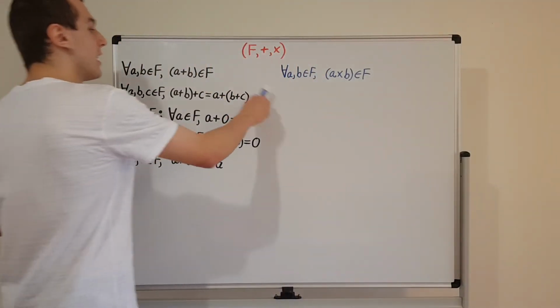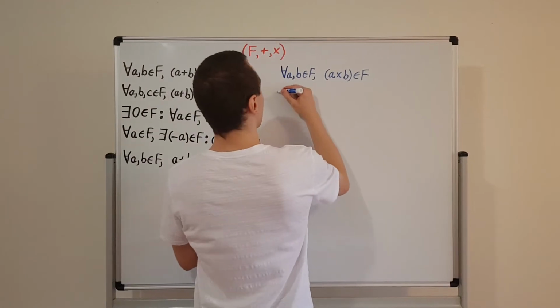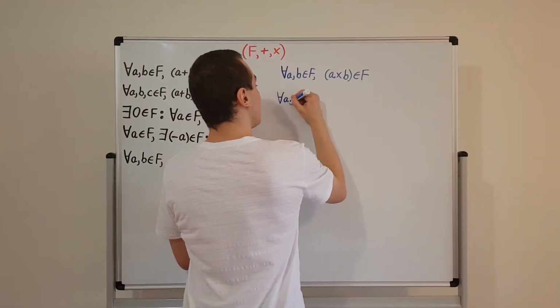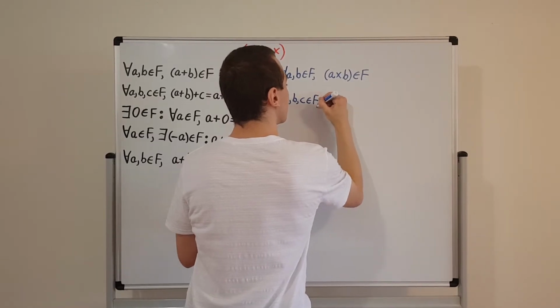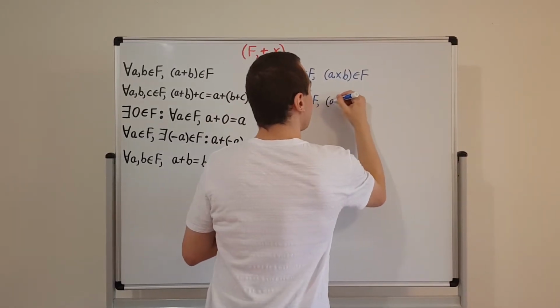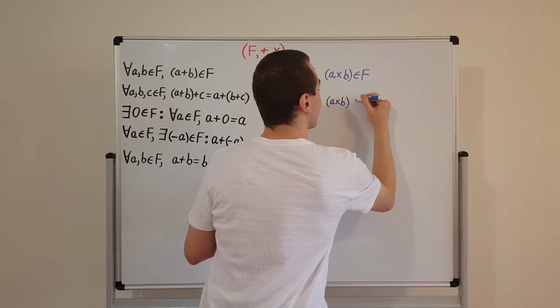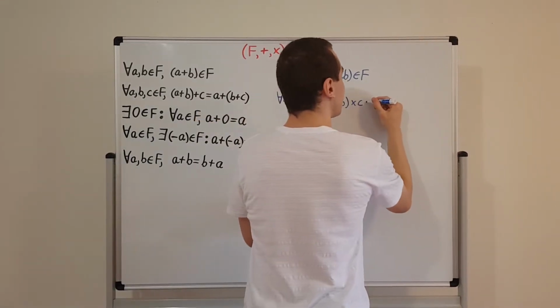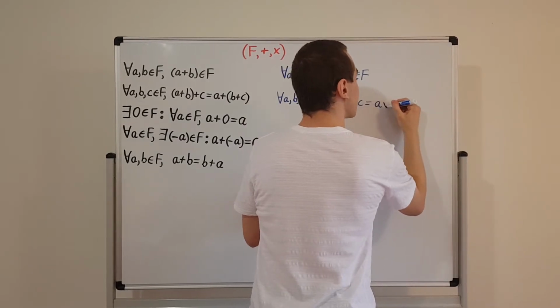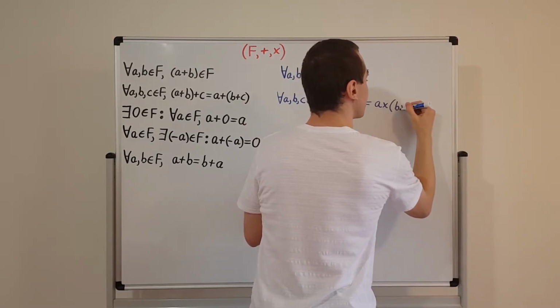Now let's write down the analogous associative property. For all a, b, and c that are elements of the field, we want (a times b) times c. So first we're grouping a times b together. We want that to be equal to a times (b times c).